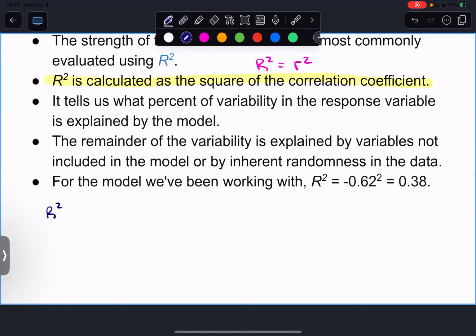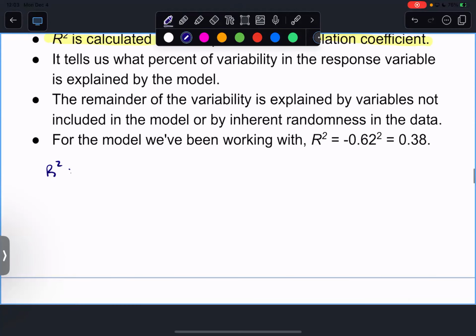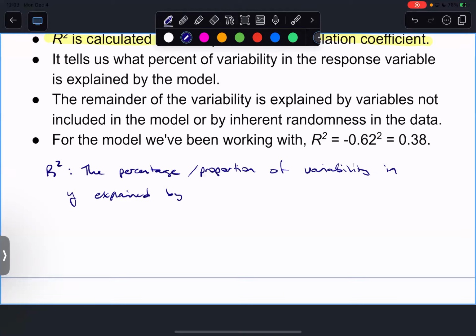So for me, R squared is the percentage or proportion of variability in Y explained by the least squares regression line on X.